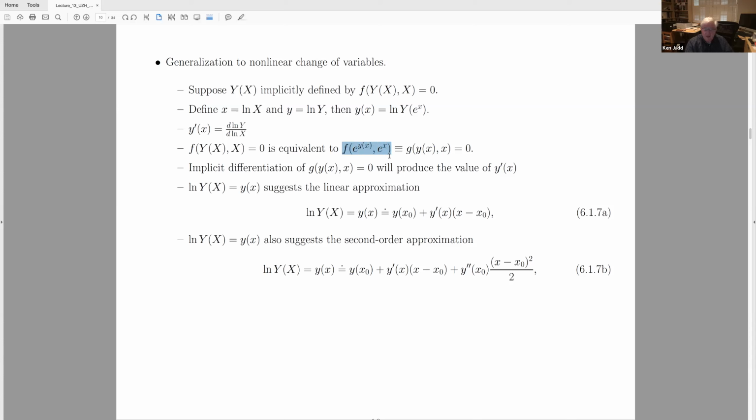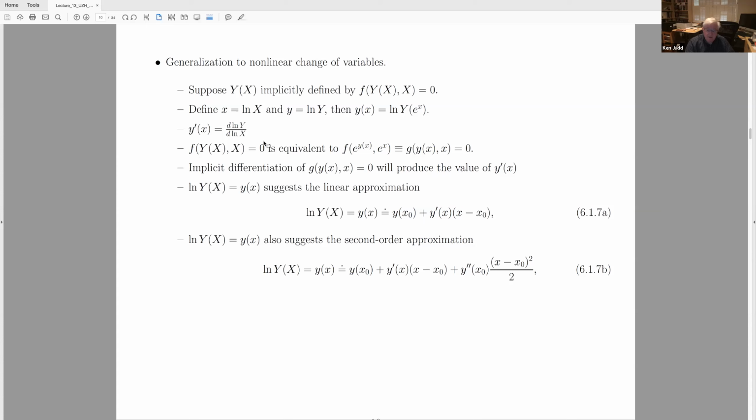And so now let's say that what we're trying to do is find some approximation so that g of little y of x comma x is equal to 0. Now we implicitly differentiate the g function at some x naught, and you will get the value of y prime at that x naught.